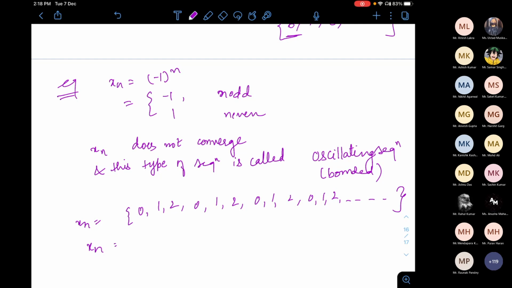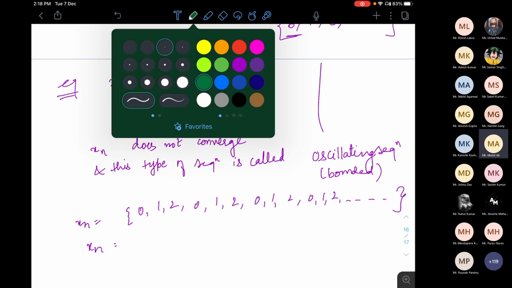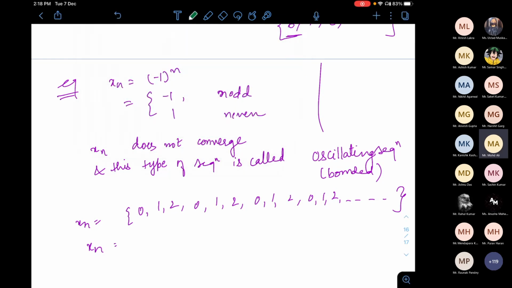One more observation here. Ma'am, signum function. What do you mean by signum function? It is minus 1 if n is negative, 0 if n is 0, and 1 if n is positive.